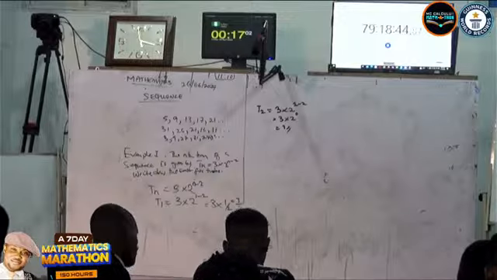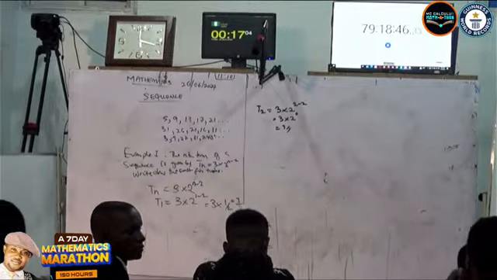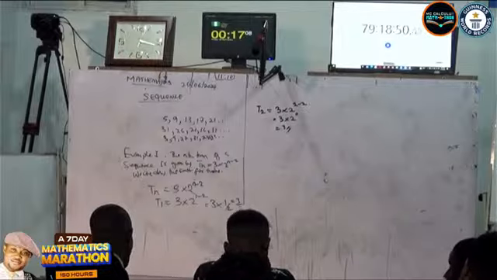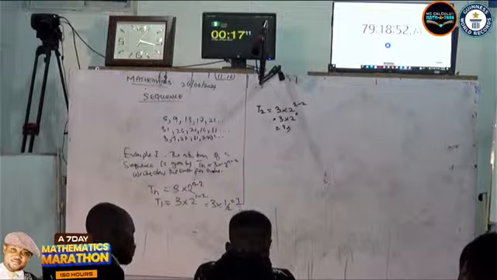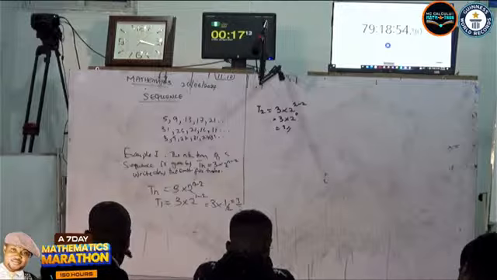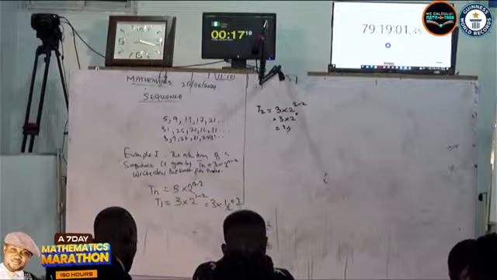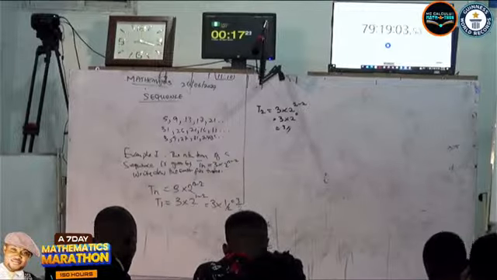Let's sit down. The first one 3/2, second one 3, third one 6, the other one 12, and that's all. So you can now get the first 5 terms easily. Okay?